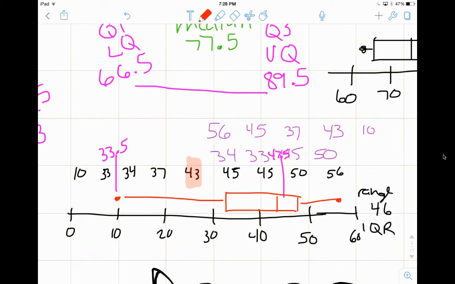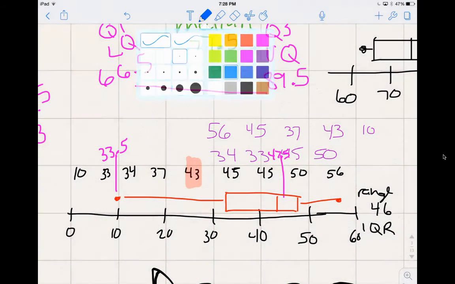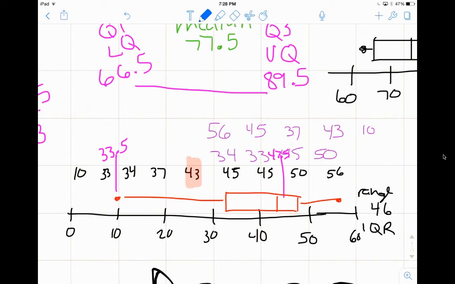So let's go ahead and find the interquartile range. I'm going to take 47 and a half minus 33 and a half, which gets me right at 14 for my interquartile range. If I take 1.5 of that, what we're looking for is where does 21 away from here fall?